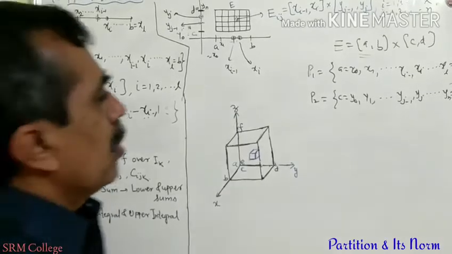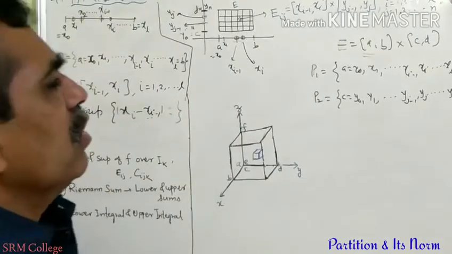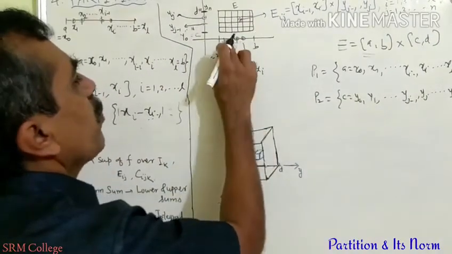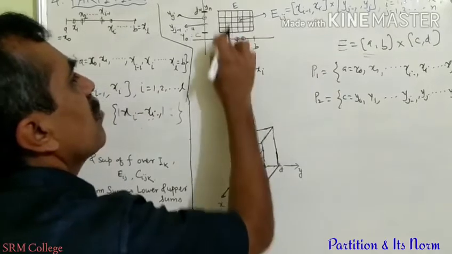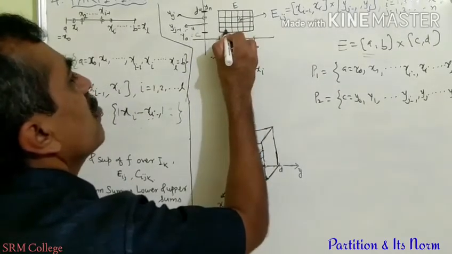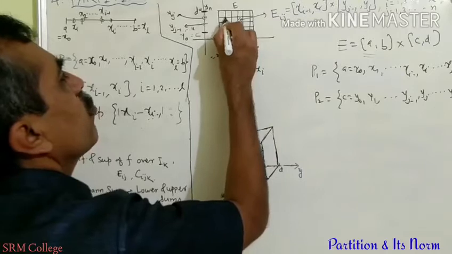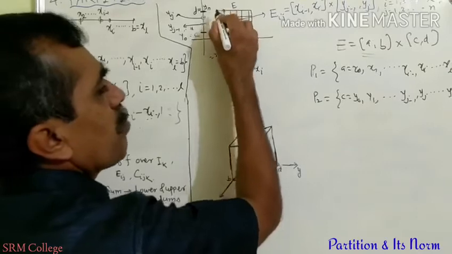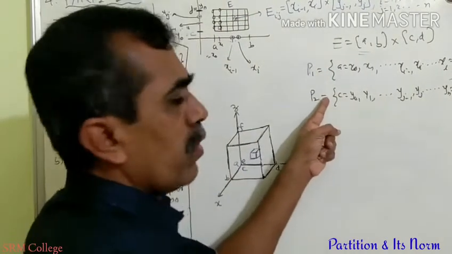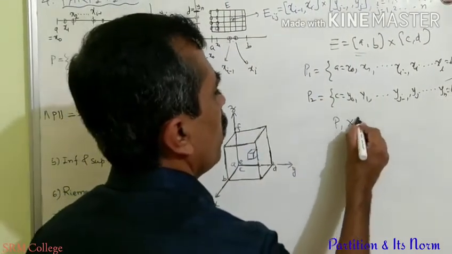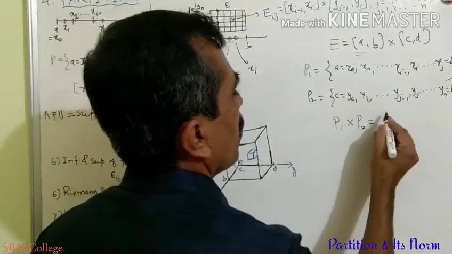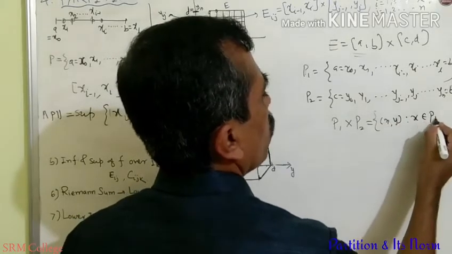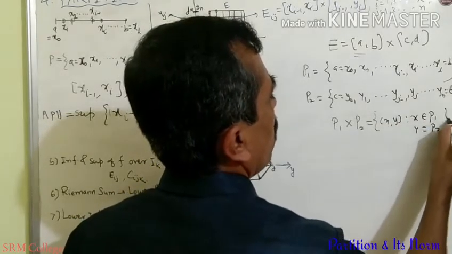Now, when I draw the lines parallel to the coordinate axis passing through the points of P1 and P2, what are the coordinates of these points? They will be the cross product P1 cross P2. What is P1 cross P2? It is the set of ordered pairs xy such that x belongs to P1 and y belongs to P2.